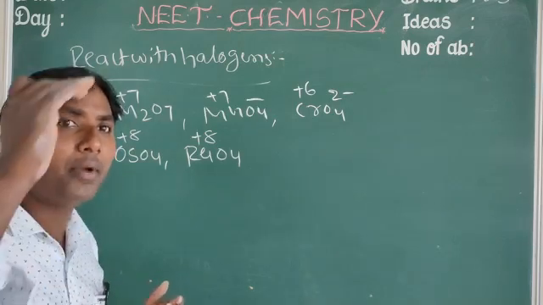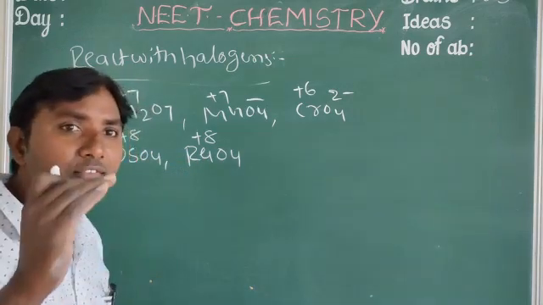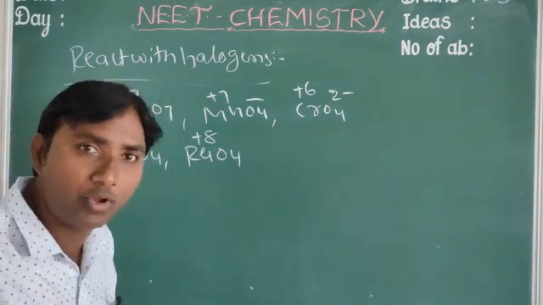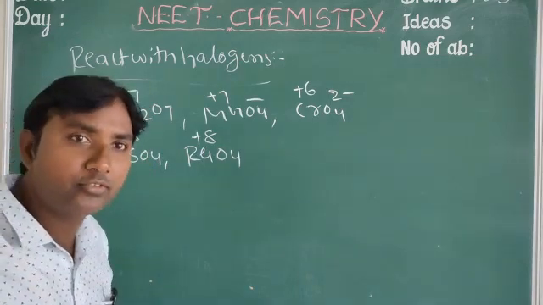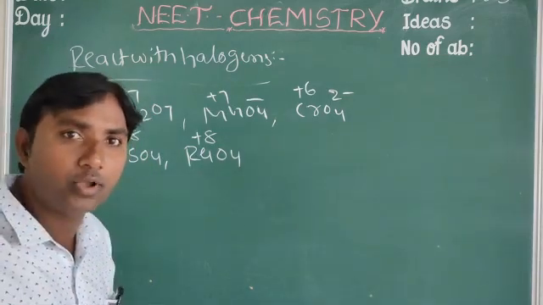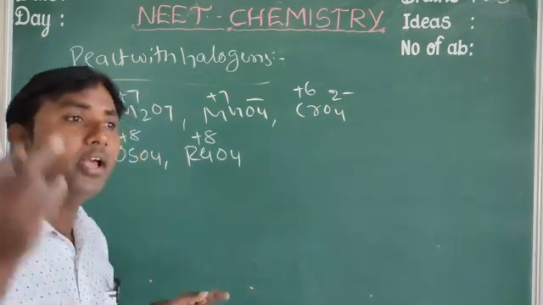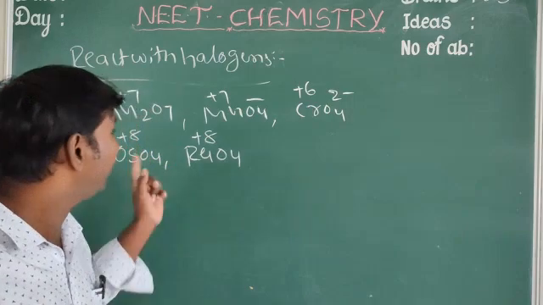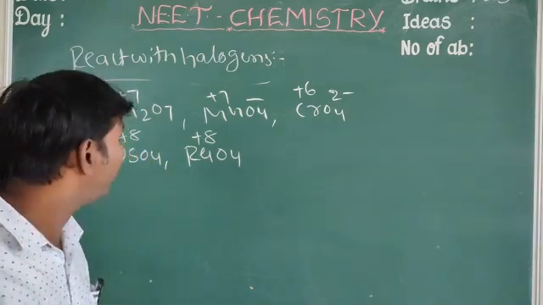Compared to fluorine, only oxygen forms the highest oxidation states with transition elements, +8 and +7. Fluorine forms stable compounds with a maximum of +6 oxidation state, but oxygen forms +7 and +8 oxidation state compounds also.